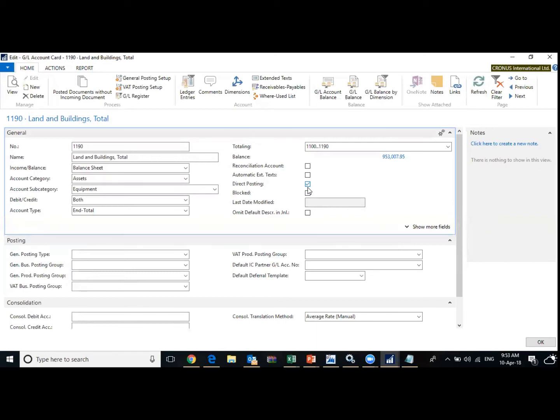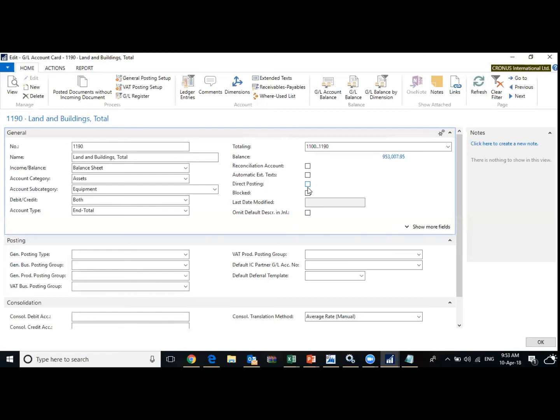And being a company, I want to avoid any type of misreporting or erroneous posting in the accounts that are used by the modules of my system. So if I take away this direct posting, the user will not be able to pick this account and manually debit or credit. He will not be able to post directly in this account. He should go from the module and do the transaction from there.